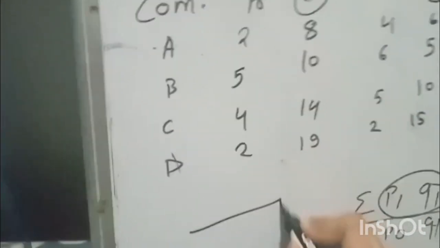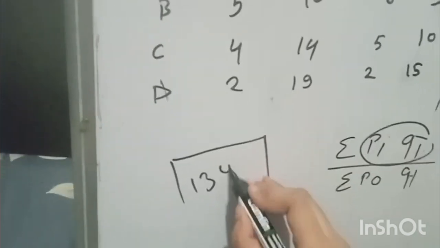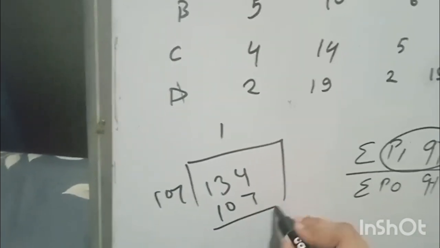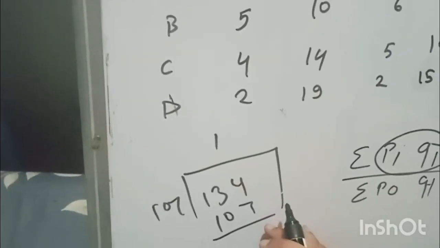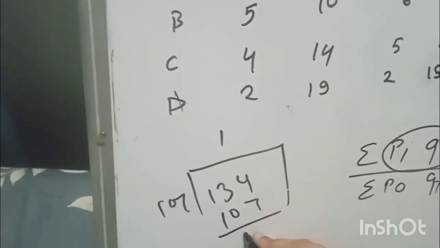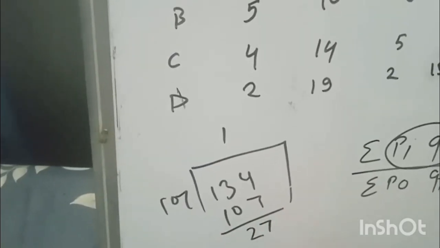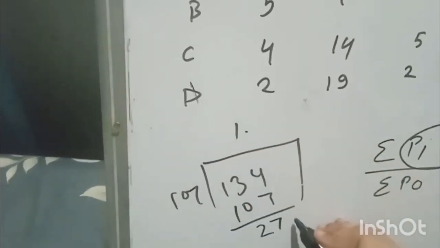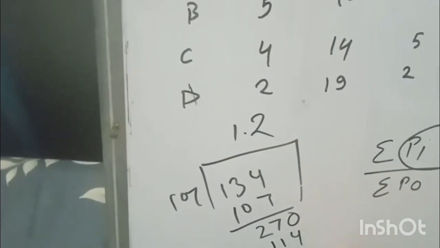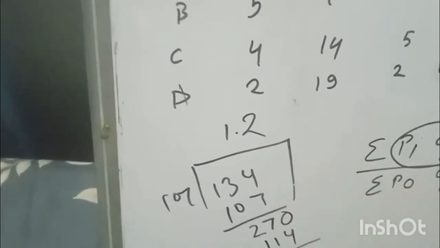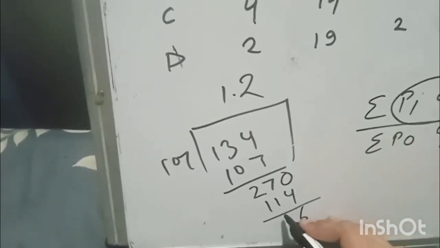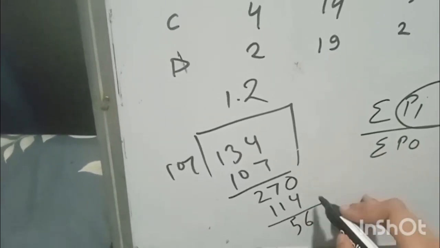Multiply and divide it. 134 by 107. Ones are 107. Subtracting, 8 is 14, 20, 24, 27, 270. 2s are 114. Subtracted, 6 by 56.